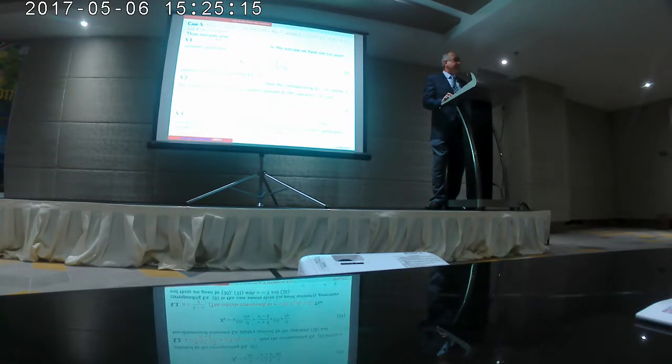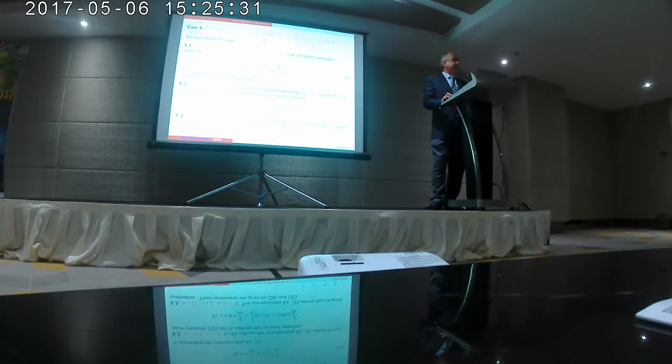So this case has 3 subcases also, depending on the relation between n, sigma and mu. So this is case 5.1, 5.2, 5.3. And case 6 is when our function f is an exponential function. And here we also have 3 subcases.